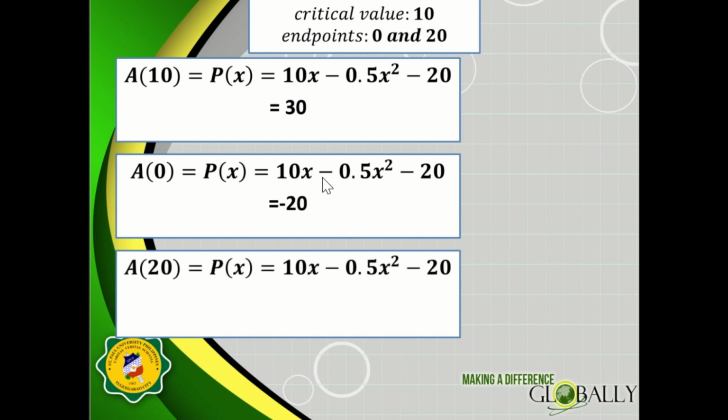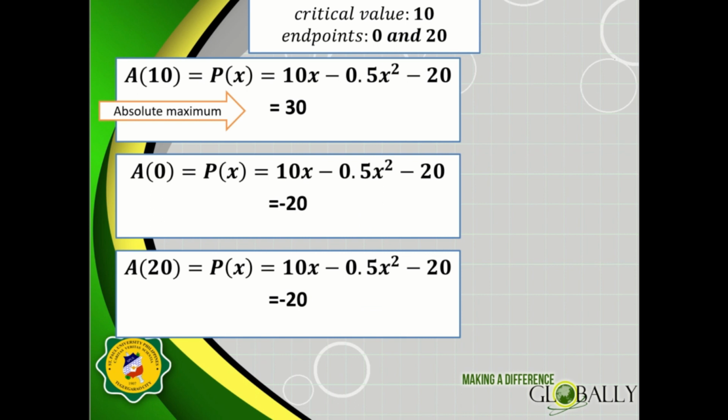So what if the value of x is 20? We're going to change this to 20, and this will give us negative 20 as well. So what do you think is the absolute maximum here? Very good. It's 30, which is higher than the others.